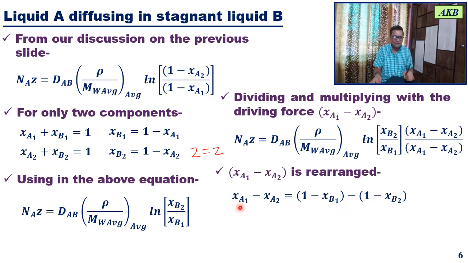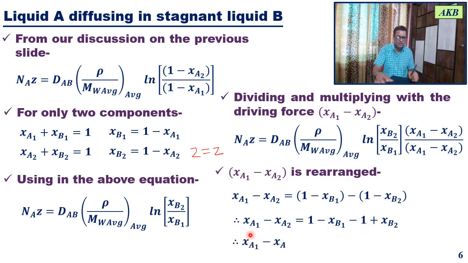Because x_B1 is 1 minus x_A1, so x_A1 will be 1 minus x_B1. So in place of x_A1, we have used 1 minus x_B1. Similarly, in place of x_A2, we have used 1 minus x_B2. Okay. So if you simplify it, this will be 1 minus x_B1 minus 1 plus x_B2, which gives us x_A1 minus x_A2 is equal to x_B2 minus x_B1.